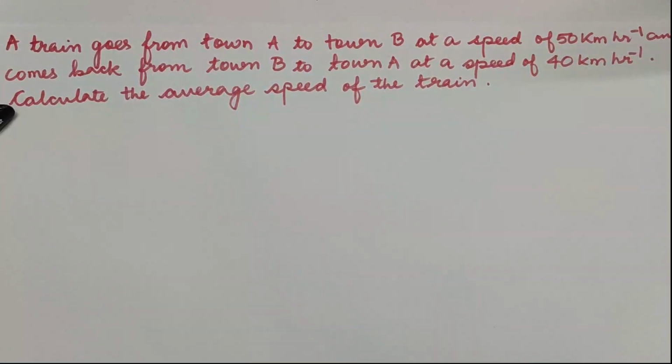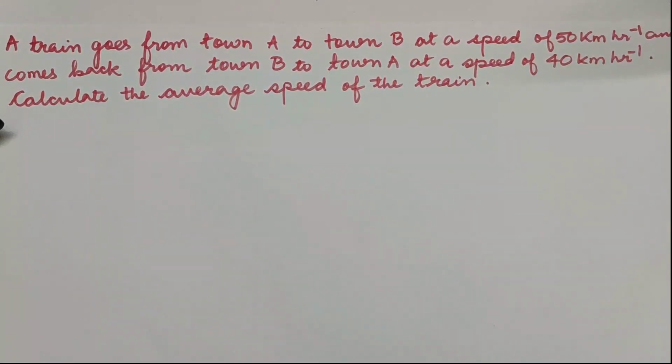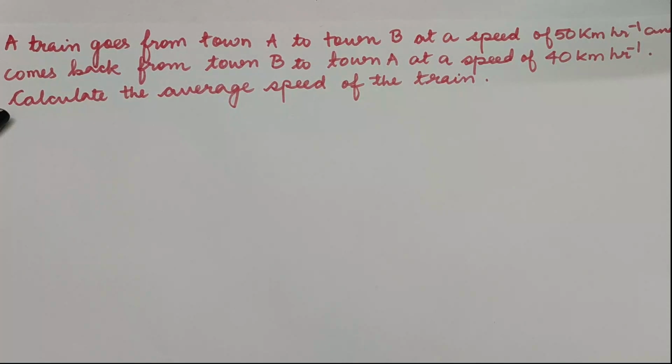Here is a question to help you understand the concept of average speed better. A train is going from town A to town B at a speed of 50 km per hour and comes back from town B to town A at a speed of 40 km per hour. Calculate the average speed of the train.